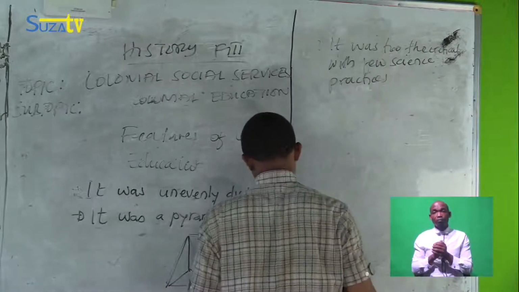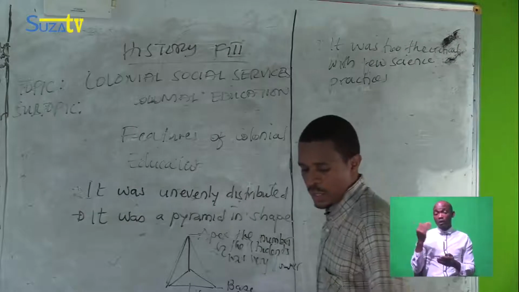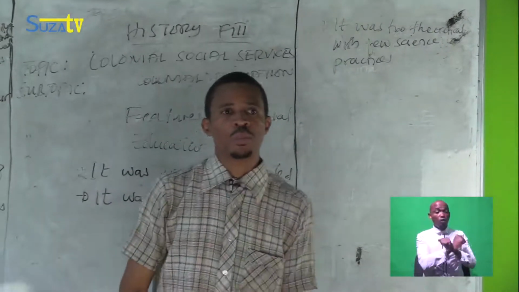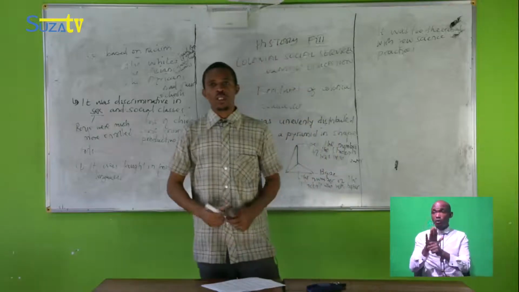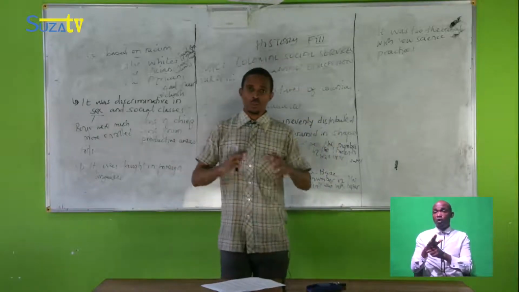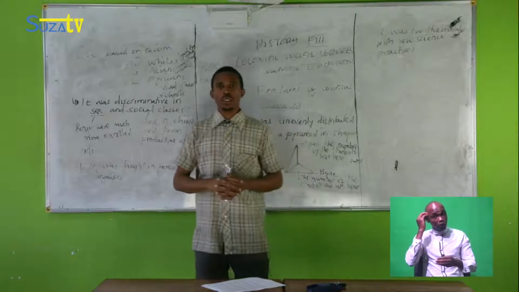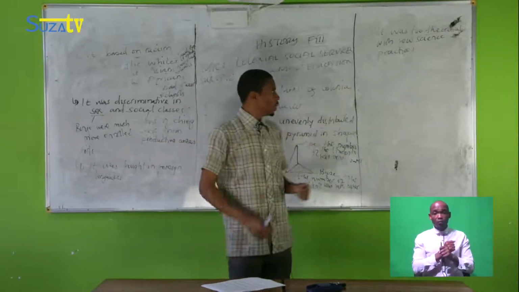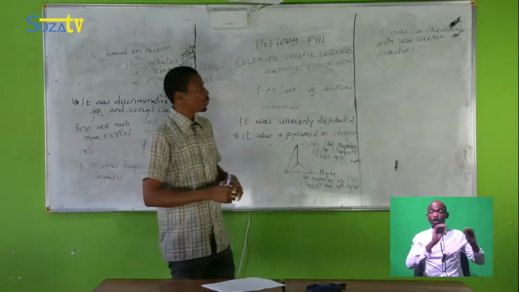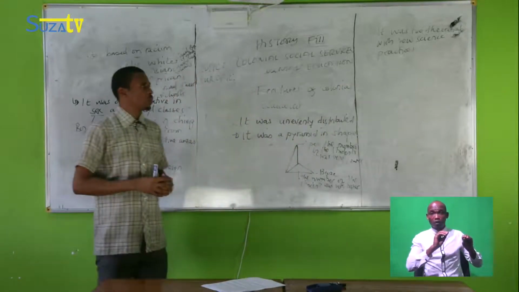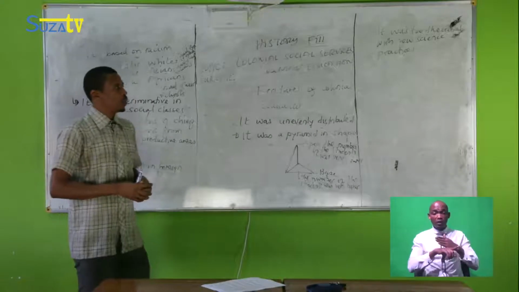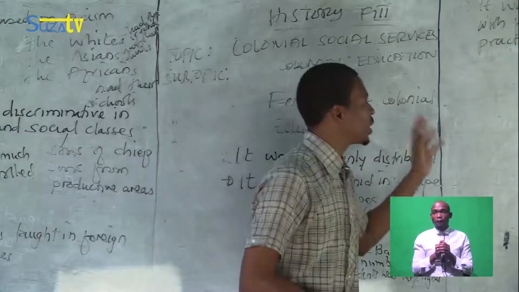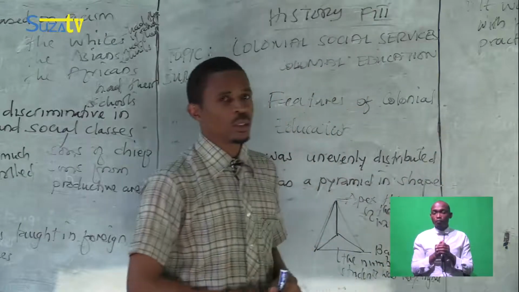Who can tell us why the colonial education was too theoretical? Why did these colonialists, these European imperialists, not teach our fellow Africans practical skills, or decide to introduce very few science practices in their education?